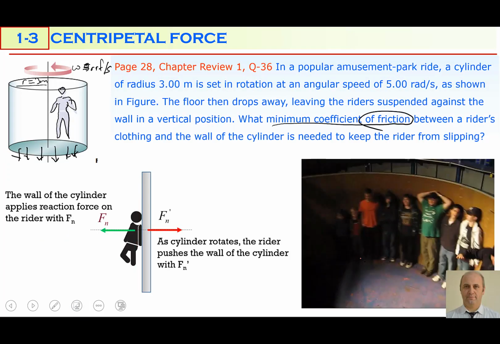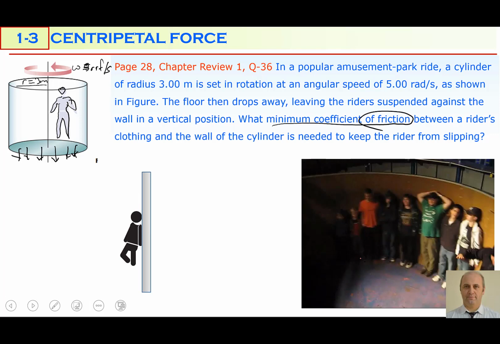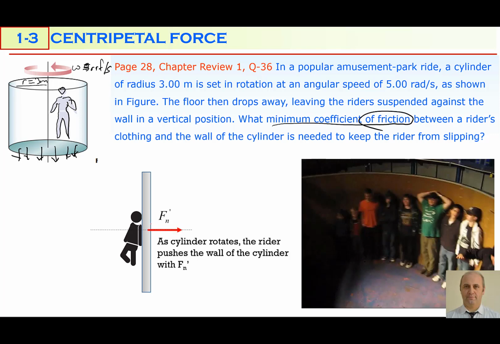In here, when the child is against the wall, in contact with the wall of the cylinder, of course, the child pushes the wall of the cylinder outward. I mean, as the cylinder rotates, the rider inside the cylinder pushes the wall with Fn prime, but we know that if this is the action, the cylinder's wall will give a reaction on the rider's body.